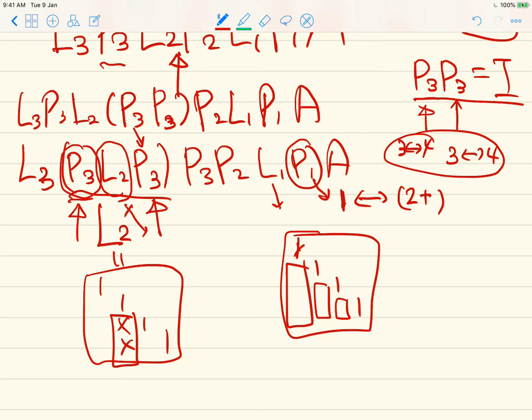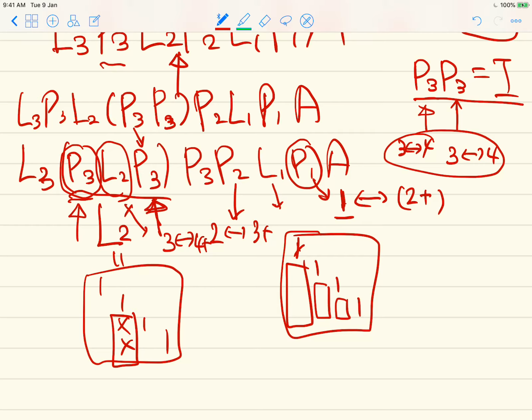Okay, so in this case, it's interchanging between the first and second, or a later column, a later row. And then in the case of P2, it is like changing the second and maybe some later row, right? And then in the case of P3, it is like interchanging the third column and the fourth onward, right? You get the idea, right?